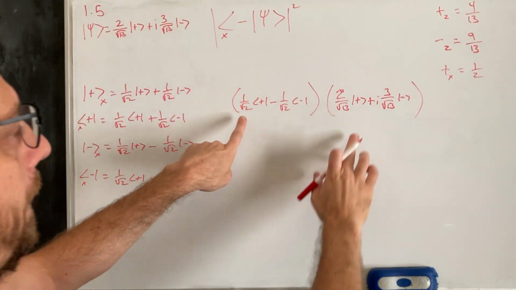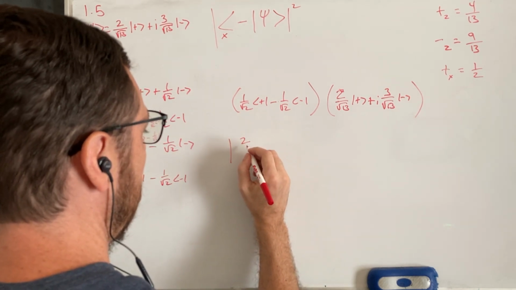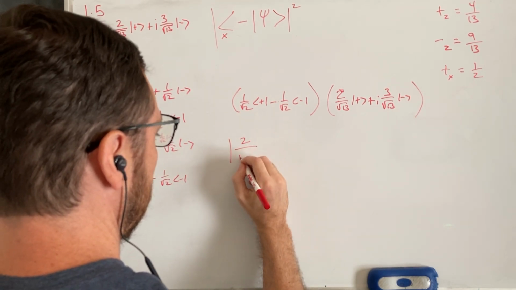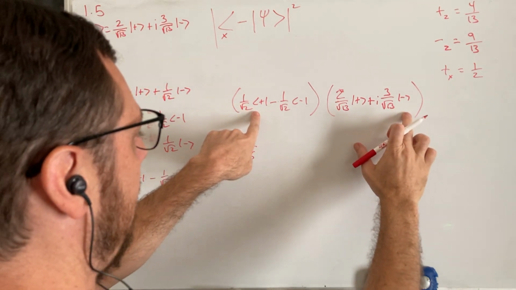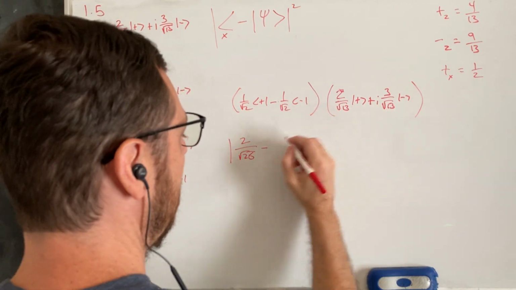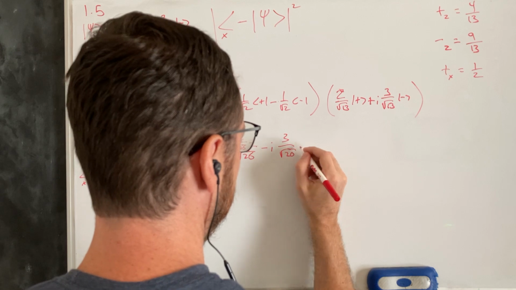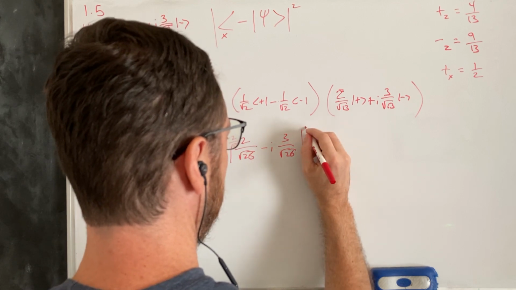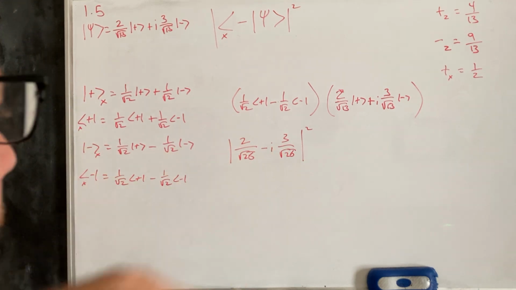Okay, so we'll FOIL this out again. So an up and an up, we keep that. So that's going to be 2 in the numerator, and root 26 in the denominator. Those cancel, our minus and our minus. We have a minus i, 3 over root 26, and we'll square this. Now, if you remember before, we had the same thing.